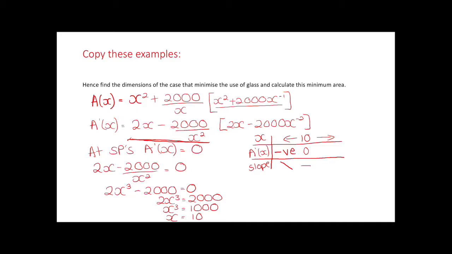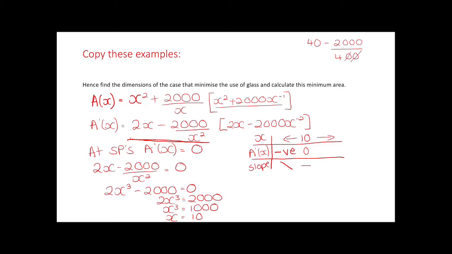Now I'm going to go with 20 for this, just because I quite like having my zeros in there. So I'm going to do a little bit of working for this one as well. So 2 times 20 is going to give me 40, and I'm taking away 2,000 over 20 squared. So 2 times 2 gives me 4, and I'm going to have my 2 zeros in it.